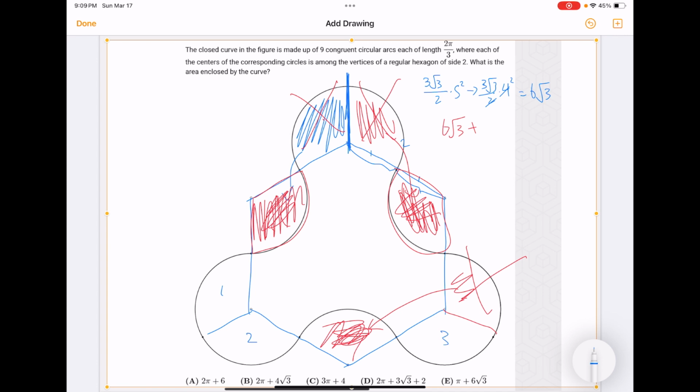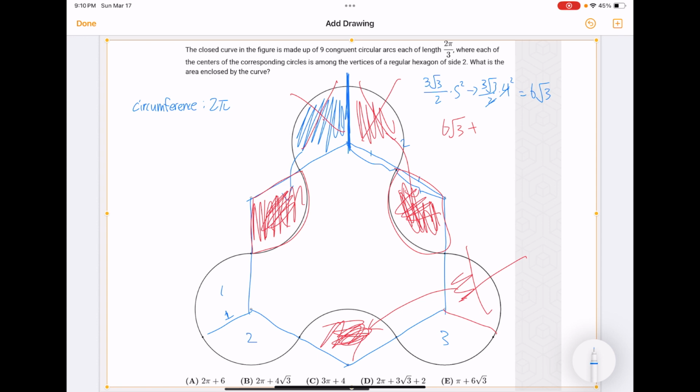As I said, we already know that the radius is 1. So the circumference of a circle is 2 pi. The formula for the circumference of a circle is 2 times pi times r, and we know the radius is 1, so it would just be 2 times pi times 1, which is 2 pi.